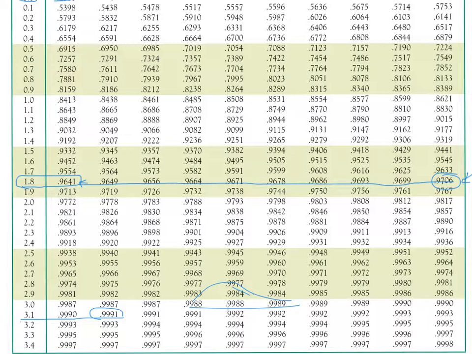So 3.11 would be 1, 2, 3, somewhere here. The area to the left of it is given by the table entry, and that's equal to 0.9991. And the area to the right of it, which would be this tiny little area, would be 1 minus 0.9991. Use your calculator and that would be the area to the right of it.